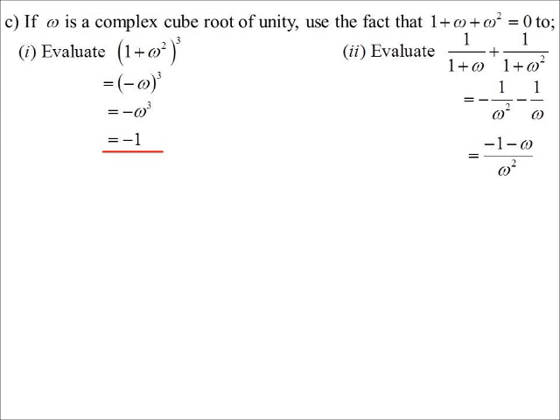So now my question is minus 1 on omega squared, minus 1 on omega. That's a lot easier to add. So that becomes minus 1 minus omega on omega squared. But hang on, minus 1 minus omega, I can manipulate our expression. That's omega squared. And omega squared on omega squared is 1.